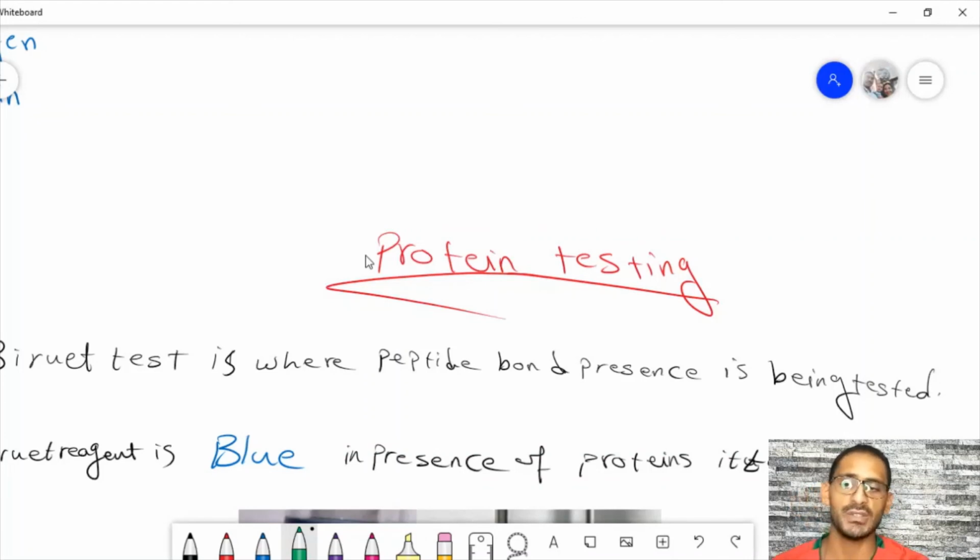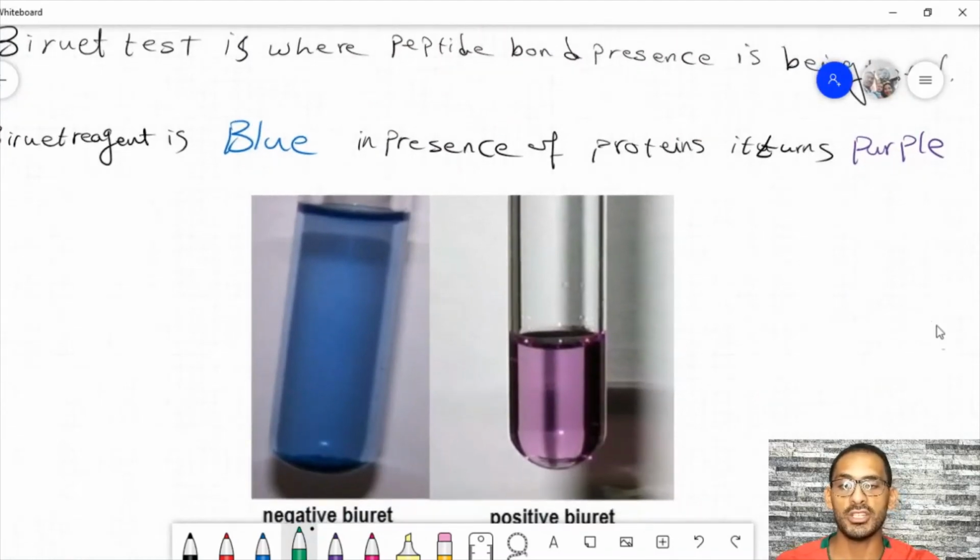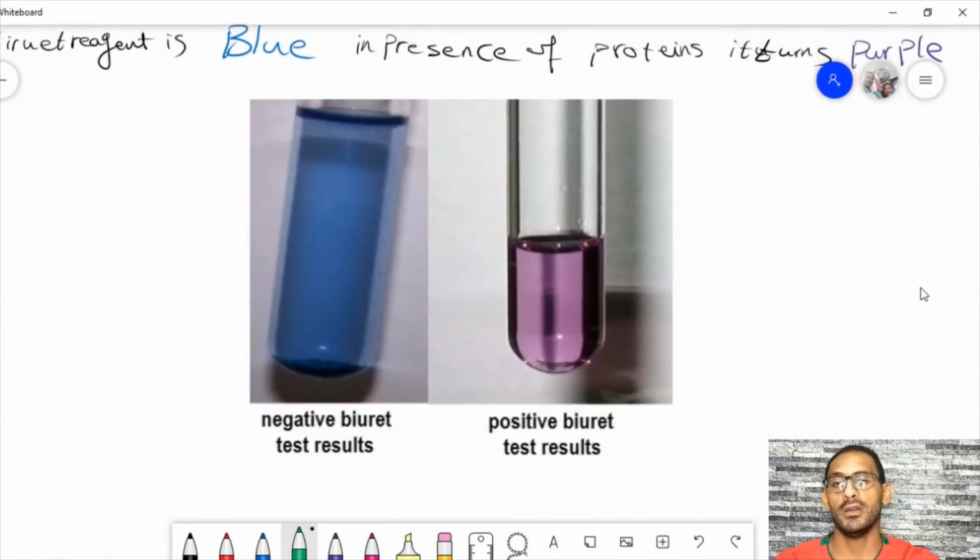Biuret reagent is simply blue in color, and in the presence of the protein, it turns purple. And you can see it over here. This is the change. So purple on your right hand side is the positive biuret test, and the blue one is the negative test.